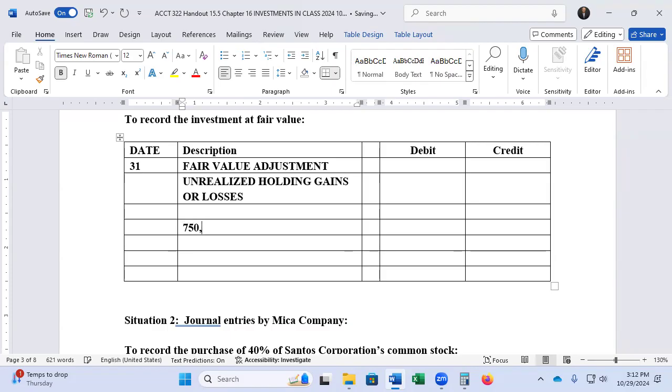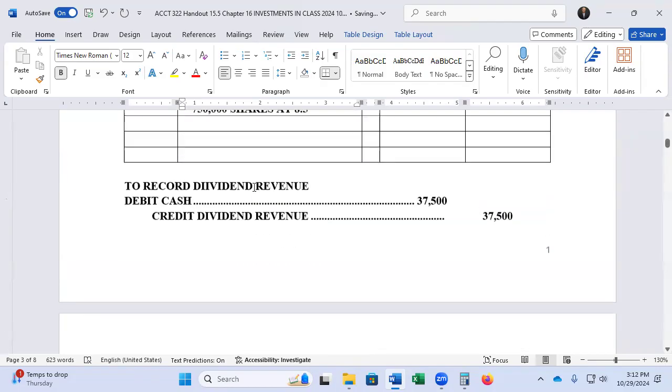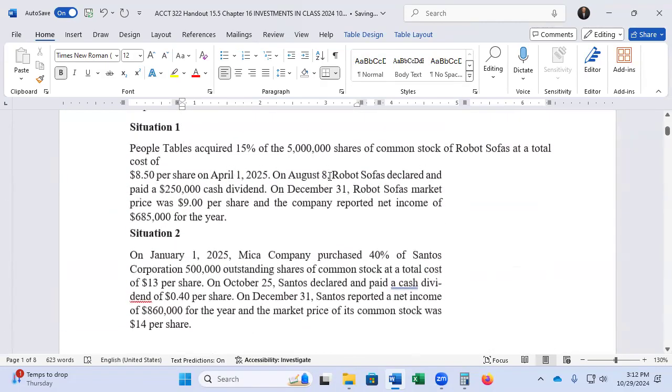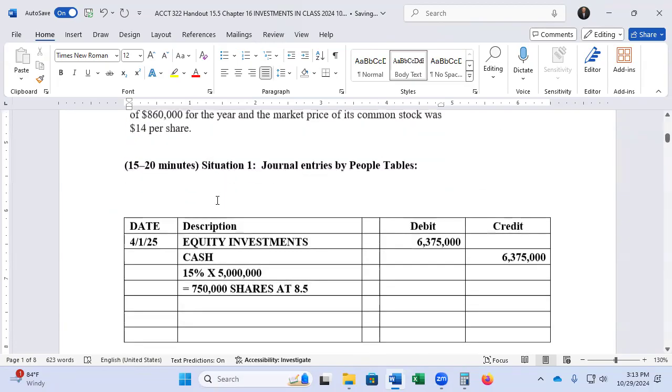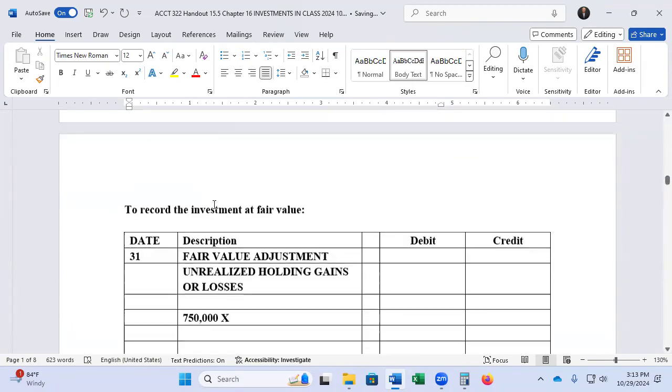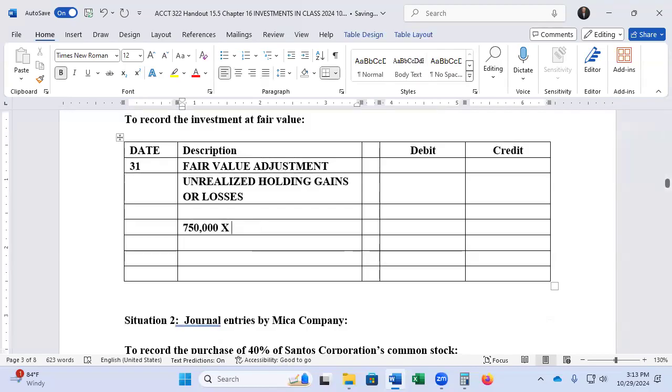We had 750,000 shares, and they went from 8.5, we recorded them at, to $9 per share. So I only want to record the change here. So I'm going to take the 9 and subtract out the 8.5. And I'm going to multiply that out, and that's 375,000. So the debit 375 and the credit 375,000.